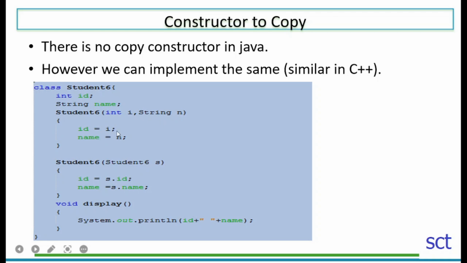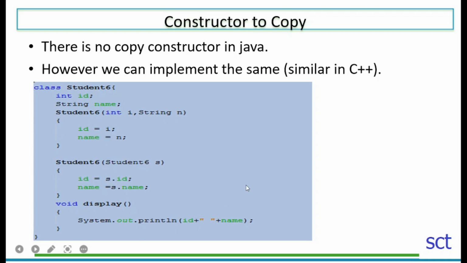So I am passing some values here. Similarly I have Student with s, so I am passing s dot id and s dot name. That means I can pass one student object itself to the constructor, and within that constructor I can copy the values. So this is actually called a copy constructor.